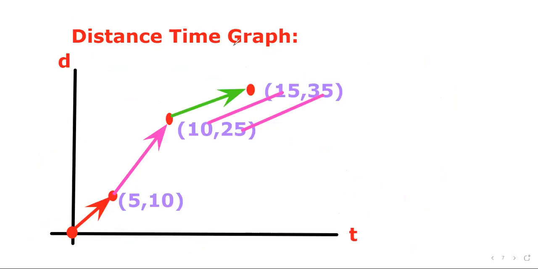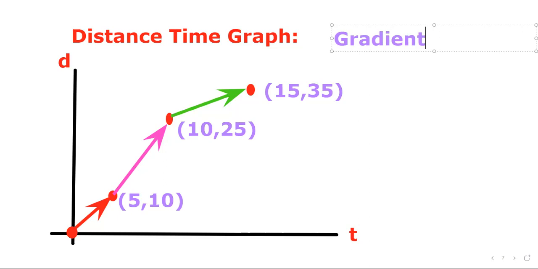So what is our conclusion? For a distance time graph, the gradient gives us the speed of the object.